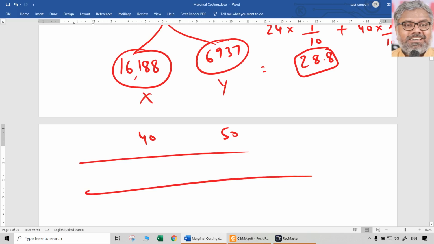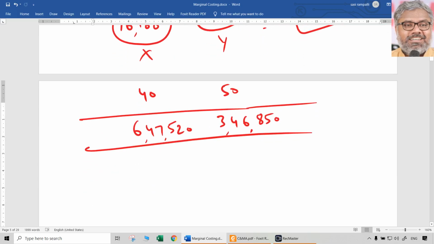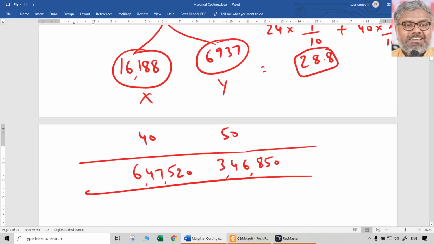So what will be the sales value in rupees? 6,937 into 50 is 3,46,850, and 16,188 into 40 will be 6,47,520. So that is the sales value of break-even sales for X and Y.